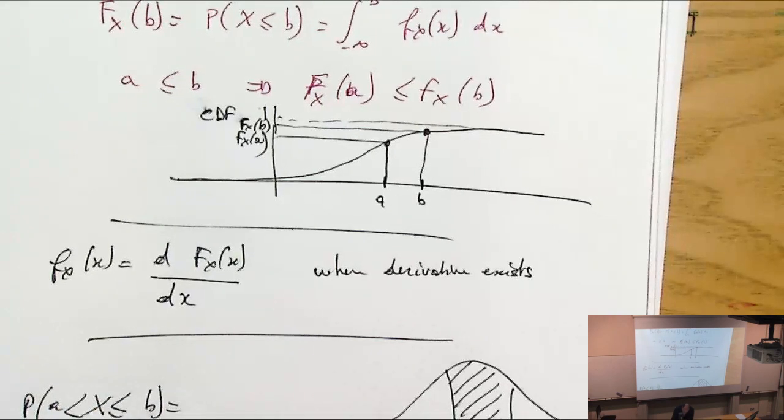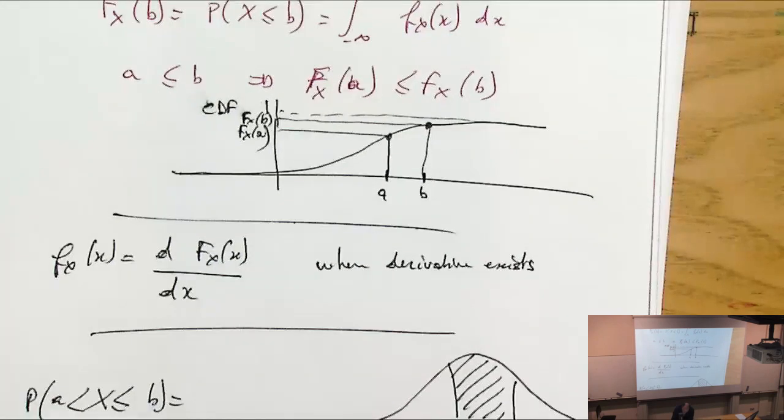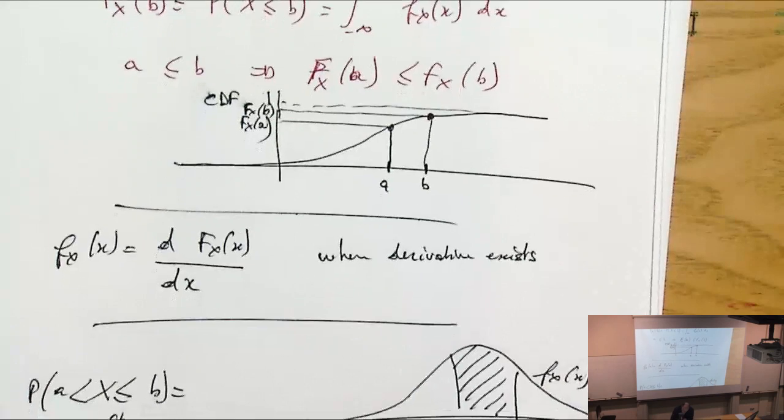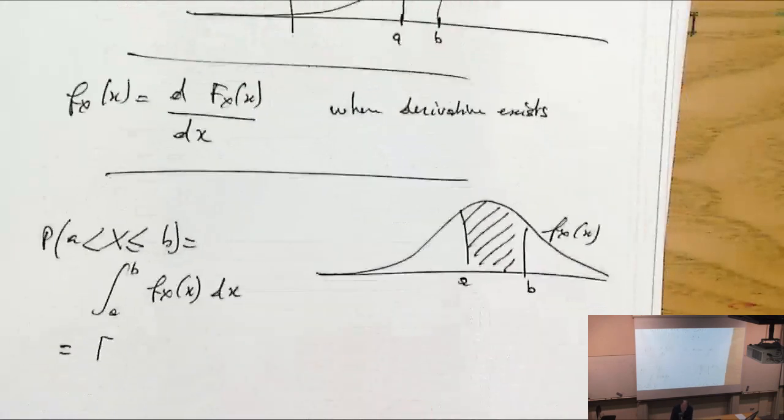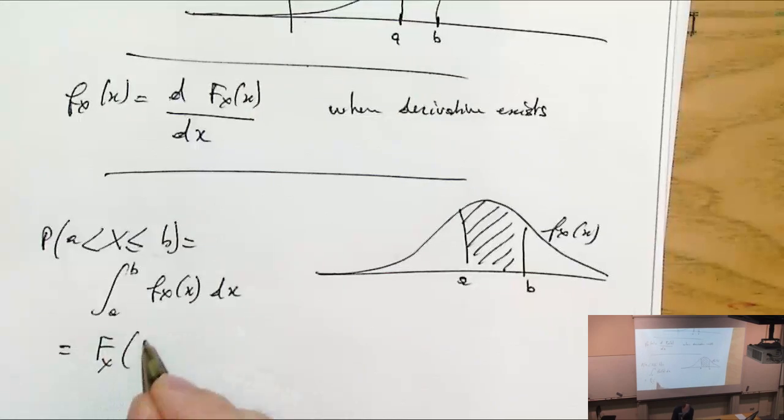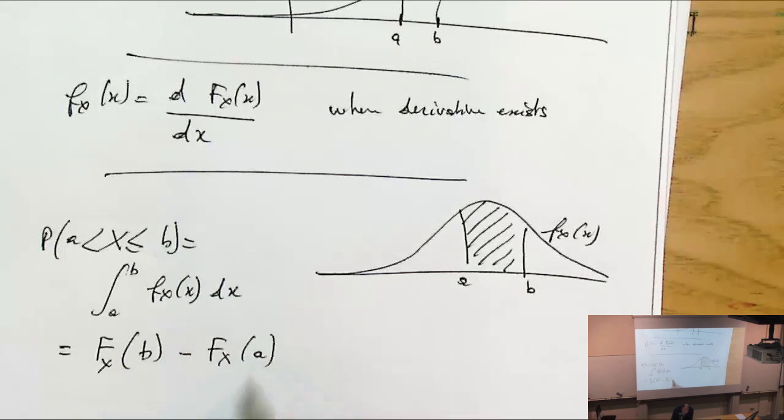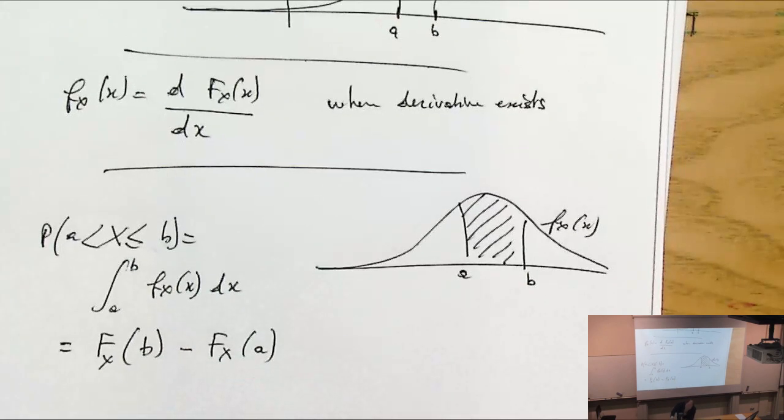I can say this is the integral between A and B of the probability density function of x, or I can say this is the CDF of x evaluated at B minus the CDF of x evaluated at A. So those are two different ways of calculating.